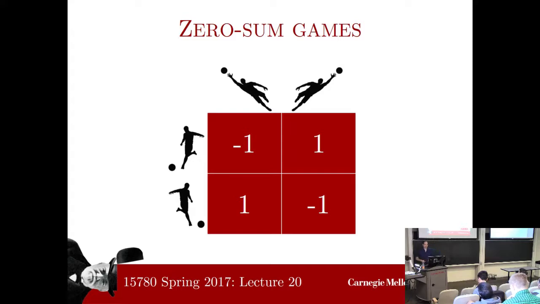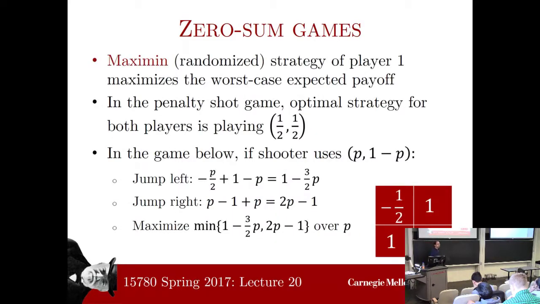Now, in the context of zero-sum games, the kind of solution people often talk about, or always talk about, is what's called maximin strategies. So the idea is, if we take the point of view of player 1, we want to maximize the worst case expected payoff over what player 2 is doing. And if we are player 2, we want to minimize the payoff, because remember, this is the payoff to player 1, and our payoff is the opposite.